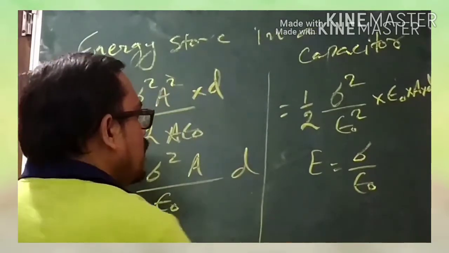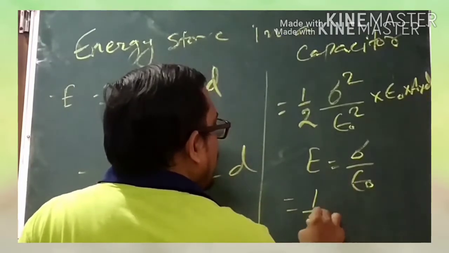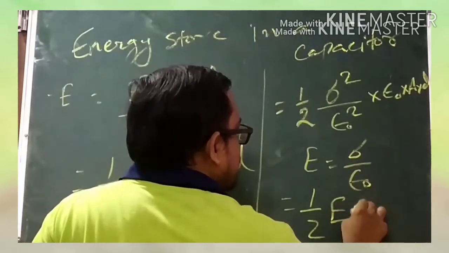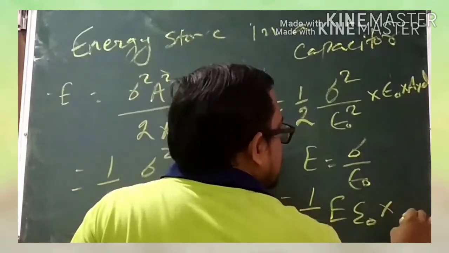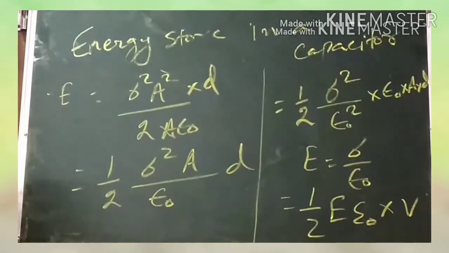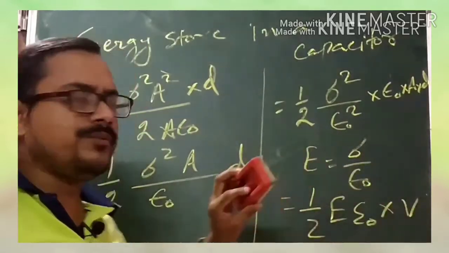So now this formula is half into A into epsilon 0, and we can say this A into D is a volume, because area into the separation distance becomes a volume.